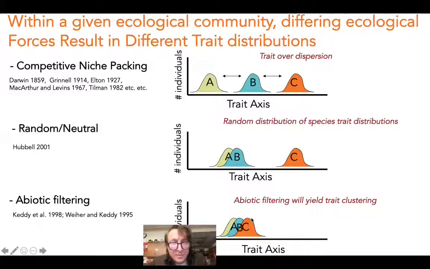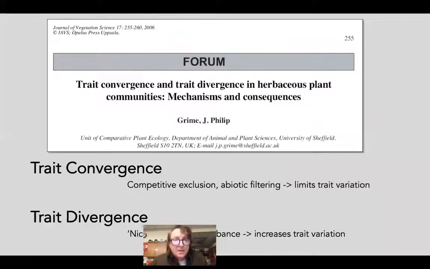And so in trait-based ecology, for community ecology, we tend to look at whether or not trait patterns are over dispersed, random, or clustered. Okay. So if you want a very nice paper that provides an overview of different patterns of trait dispersion, I'd recommend this paper by Philip Grime, published back in 2006.